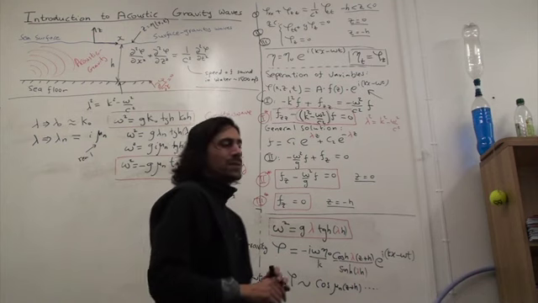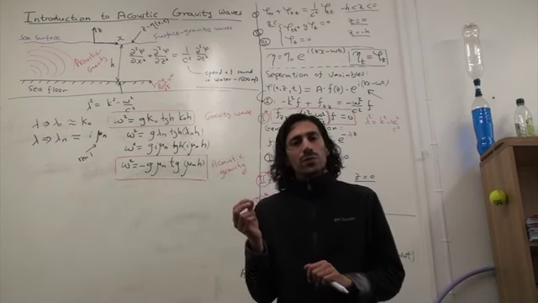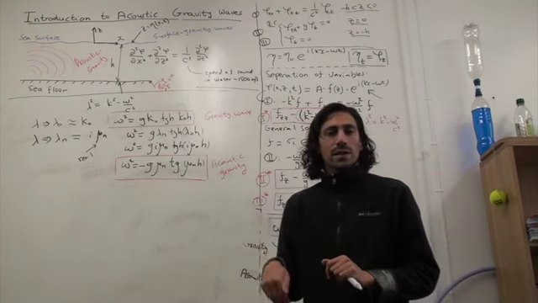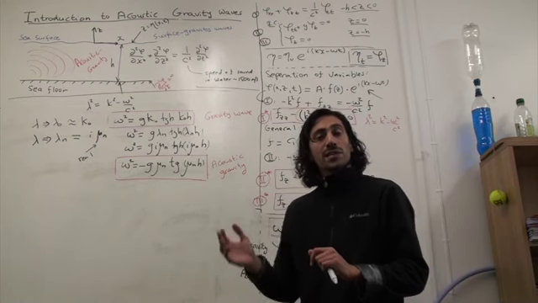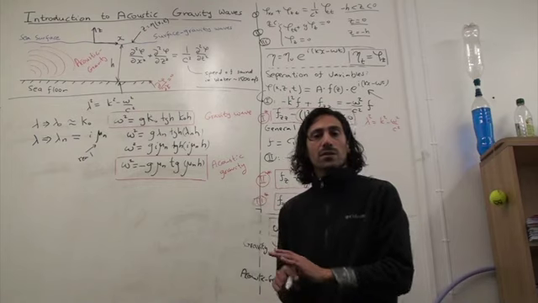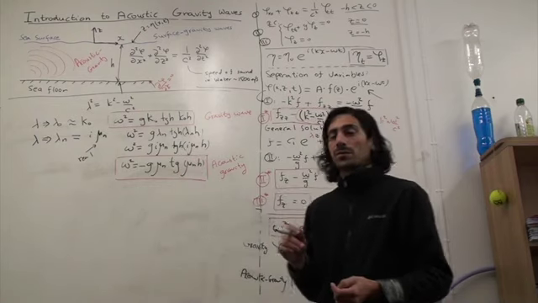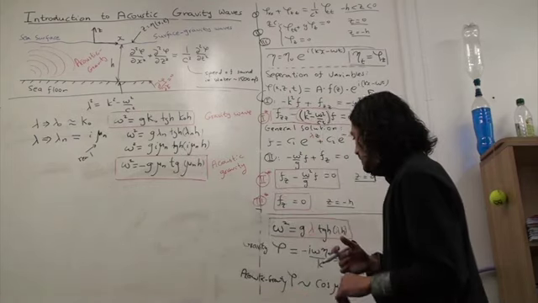Which means the velocity potential is no longer decaying with depth. It's oscillatory in depth. It's everywhere in these 4 kilometers of ocean depth.